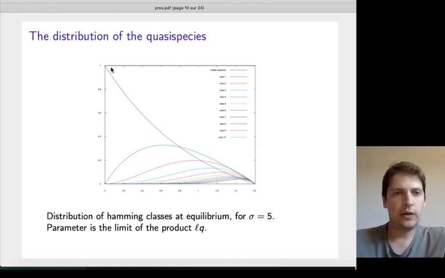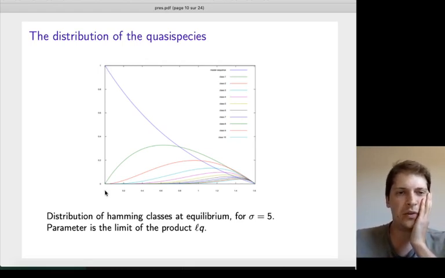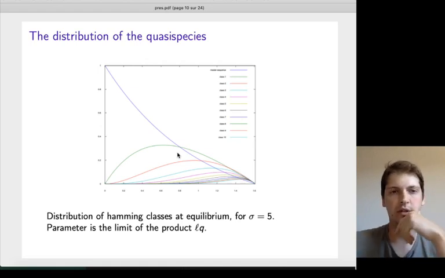Looking at the graph, we see that when q is very small, master sequences occupy nearly all the population. And when you increase q, you see the cloud of mutants appear. The green curve is all the individuals with one 1 in their genome.